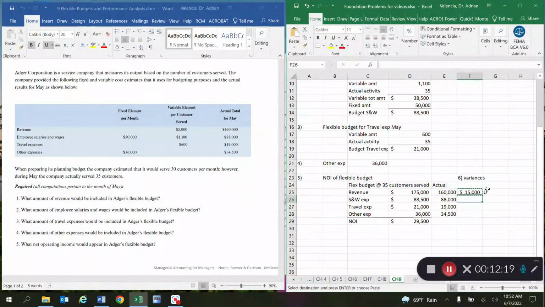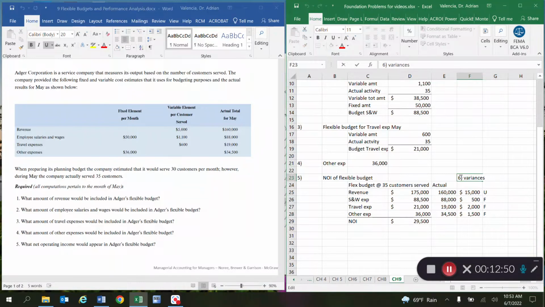And let me copy these down. For all of these, the actual amounts were lower, so all of these were favorable. In other words, we budgeted 88,500, but then it ended up being 88,000. So our revenue variance is unfavorable, but then our expense variances are all favorable. We ended up saving some money.